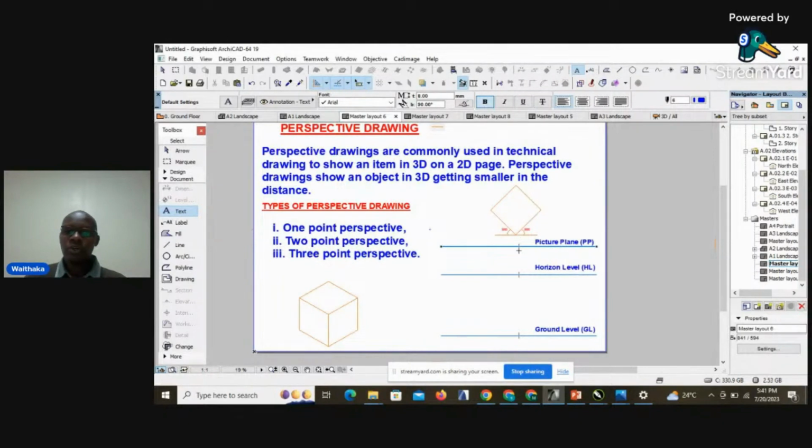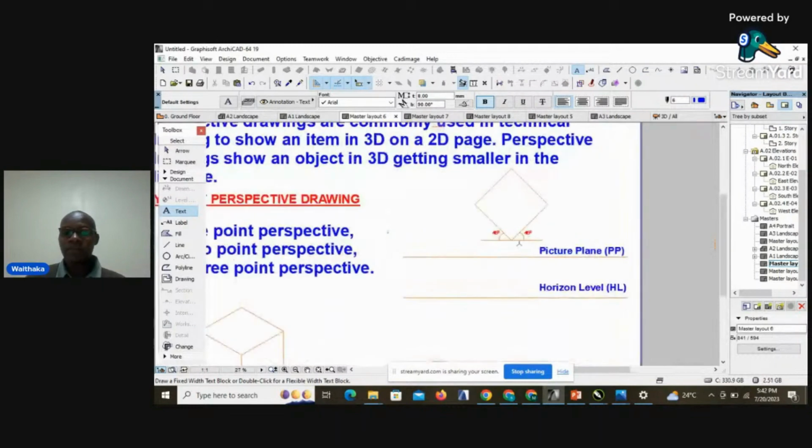So we'll always specify where the object is with respect to the picture plane. Maybe 20 millimeters above the picture plane. Maybe the object is lying on the picture plane. So those conditions will change from one point to the other.